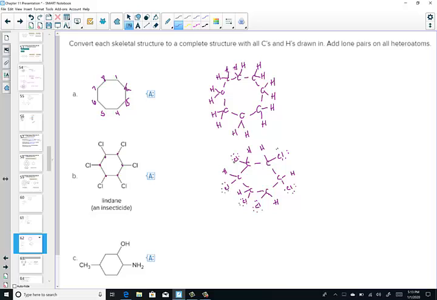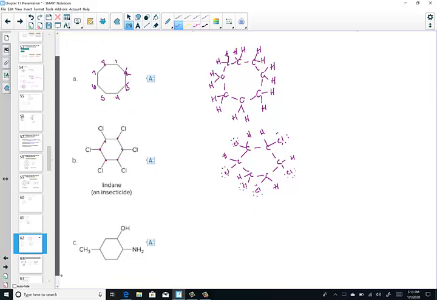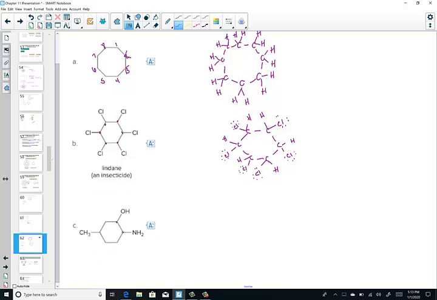Got it. And how about the letter C? We have 1, 2, 3, 4, 5, 6 carbons. So let me get that cyclic structure set up. Each carbon requires 4 bonds. Let's call this carbon 1, 2, 3, 4, 5, 6.